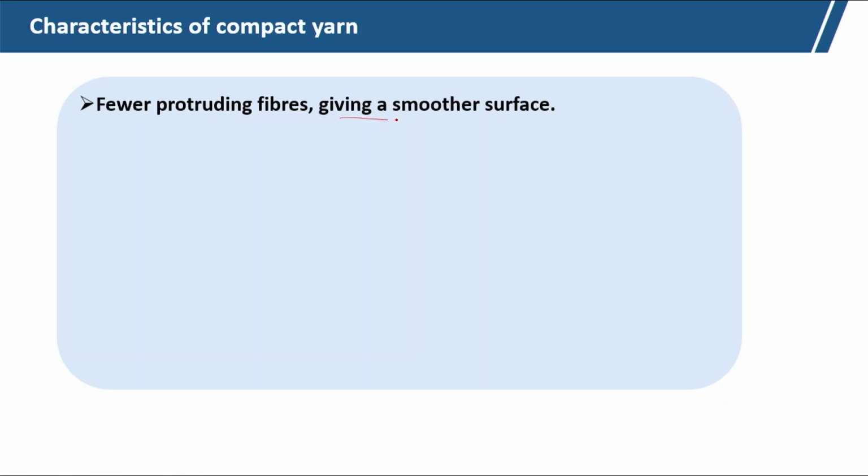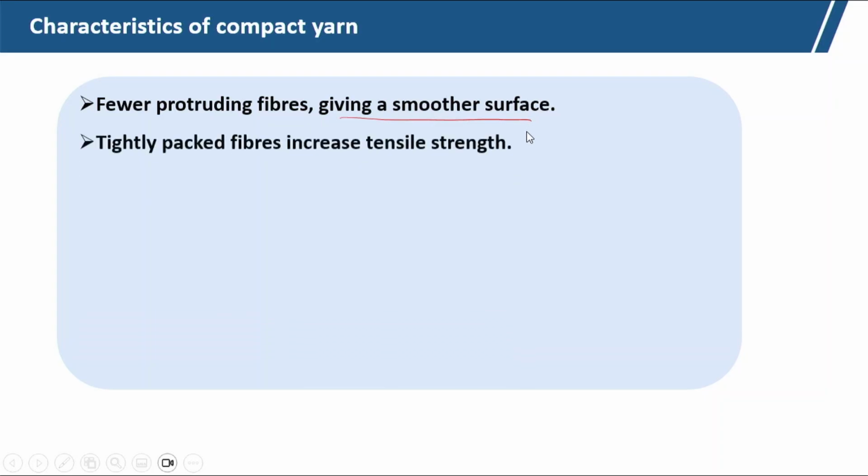Now, the characteristics I have already mentioned: fewer protruding fibers giving a smoother surface, the surface will be very smooth. Tightly packed fibers increase tensile strength, because in normal ring spinning the fibers are forming the hairs, those are not so tightly packed.